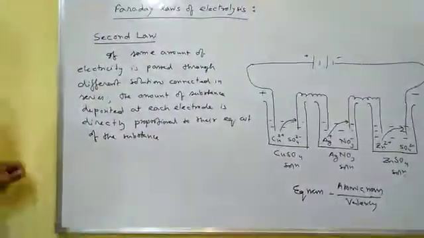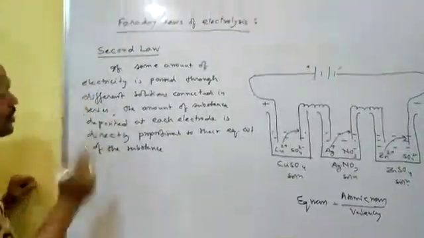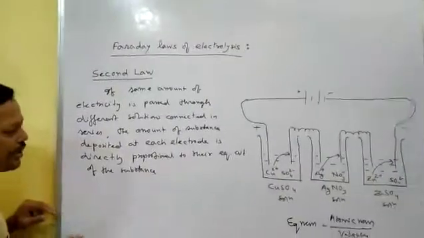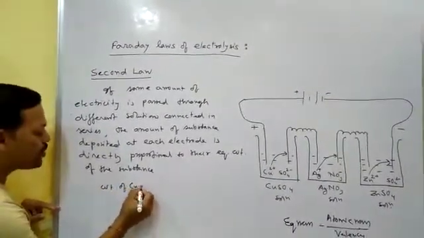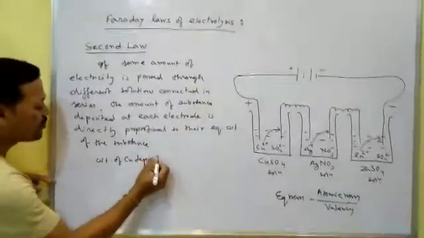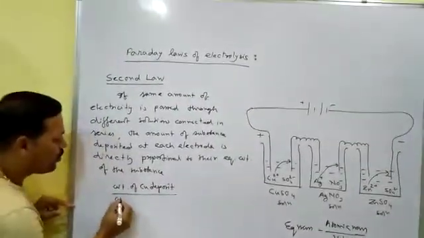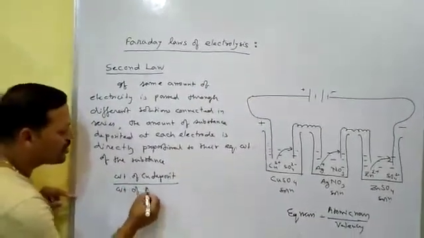If the equivalent mass of the substance is more, it will deposit more. And according to this second law of Faraday, there is a relation you can apply. Weight of copper deposit divided by weight of silver deposit.